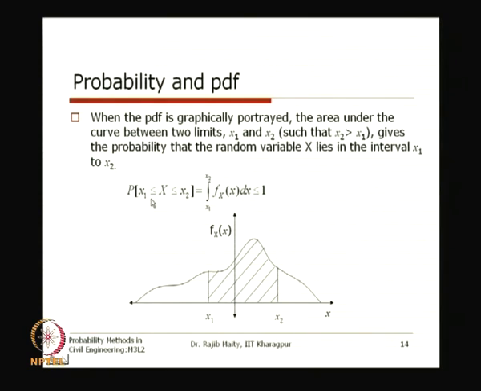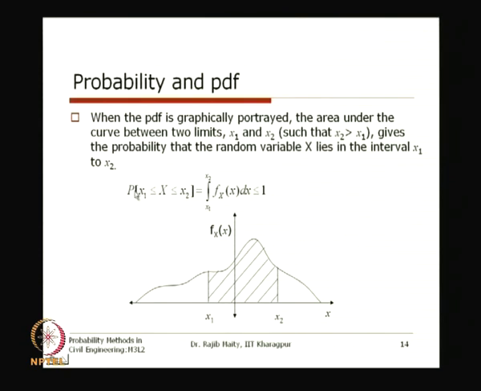Now, this is one important concept that was just discussed while discussing the density. When the PDF is graphically portrayed, the area under the curve between two limits x1 and x2, such that x2 is greater than x1, gives the probability that the random variable x lies in the interval x1 to x2.